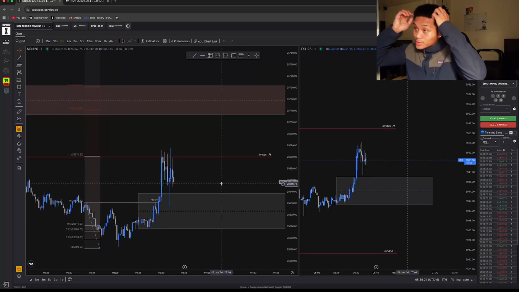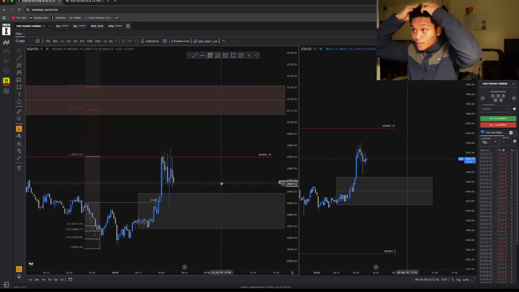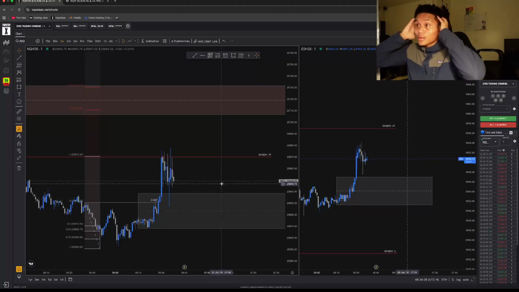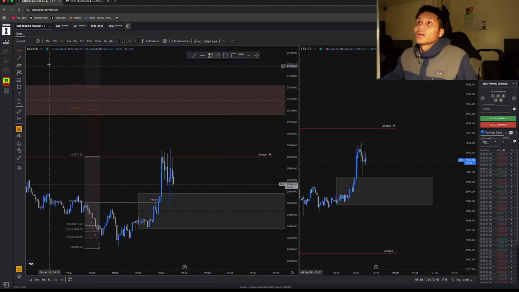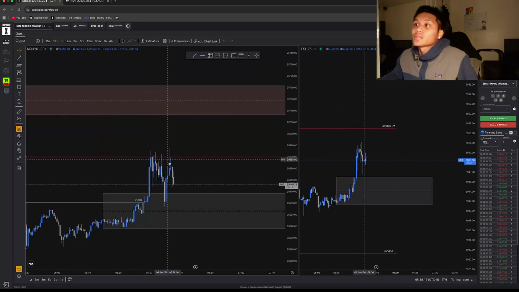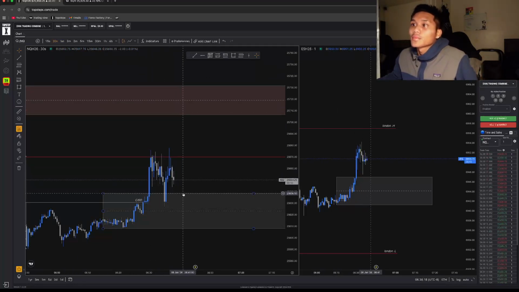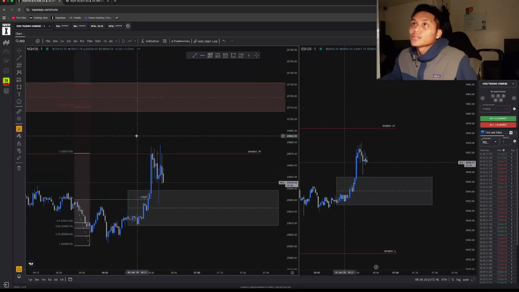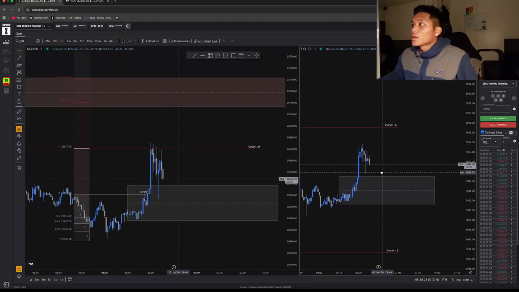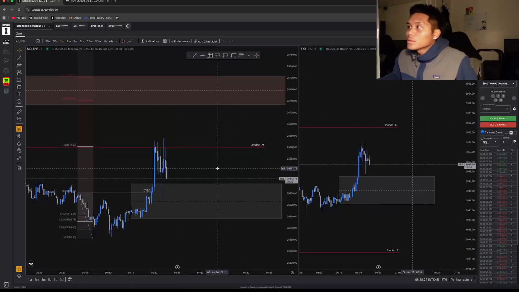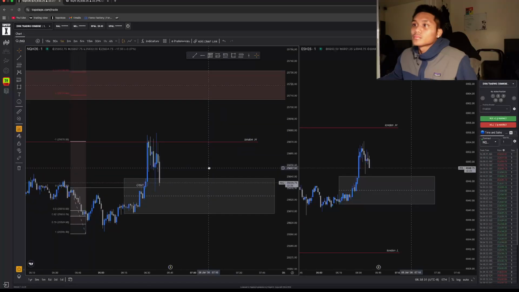Let's see if we can find some. 30-second inverses. Not really. I mean, it did break out over here, but manipulation. Let's go back to the 1 minute. Big push.